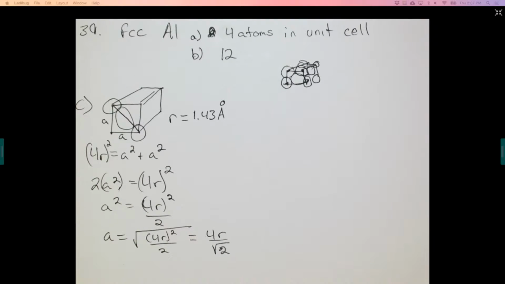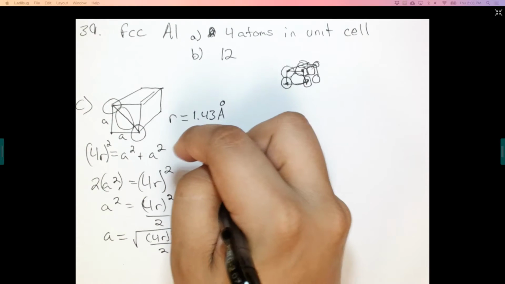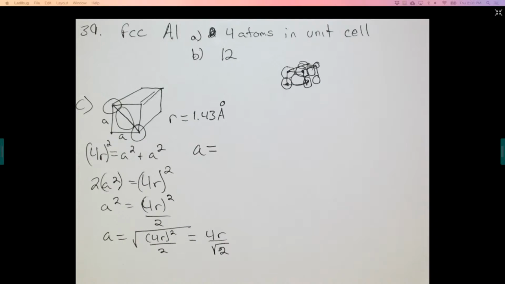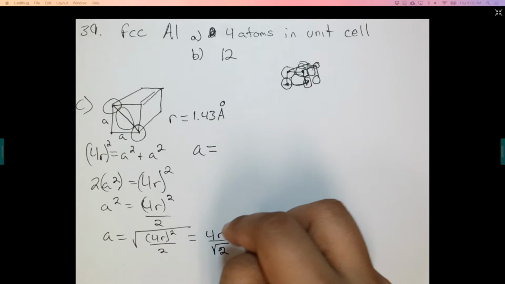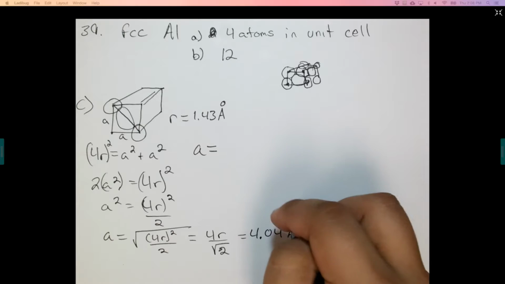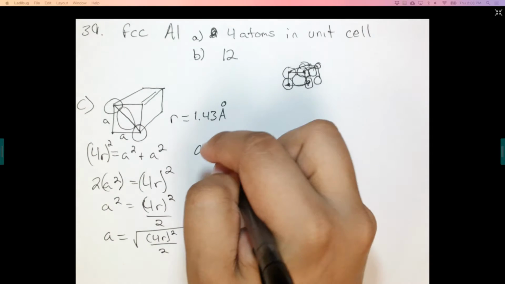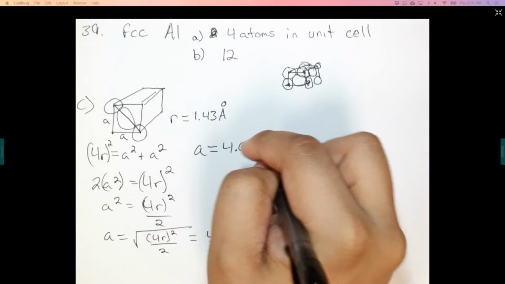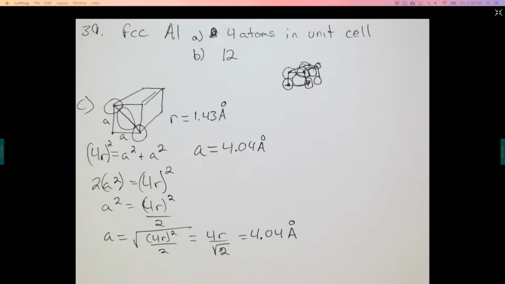So the edge length a can be plugged into the calculator: 4 times 1.43 divided by the square root of 2 is equal to 4.04 angstroms. So that is edge length a.